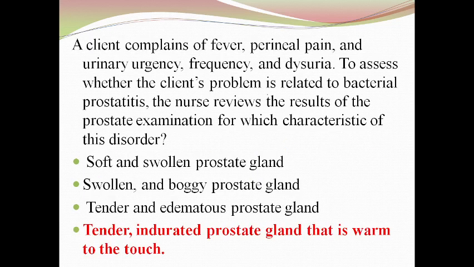A client complains of fever, perineal pain, urinary urgency, frequency and dysuria. To assess whether the client's problem is related to bacterial prostatitis, the nurse reviews the results of the prostate examination for which characteristics of this disorder. In bacterial prostatitis, the prostate gland will be tender, indurated, and warm to touch.